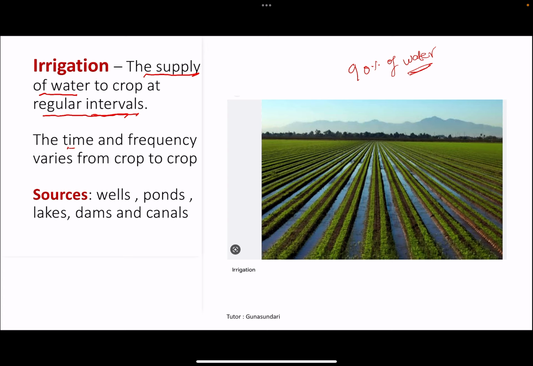The time and frequency, meaning how many times you water the crop, vary from crop to crop. There are many sources of water: wells, ponds, lakes, dams and canals.